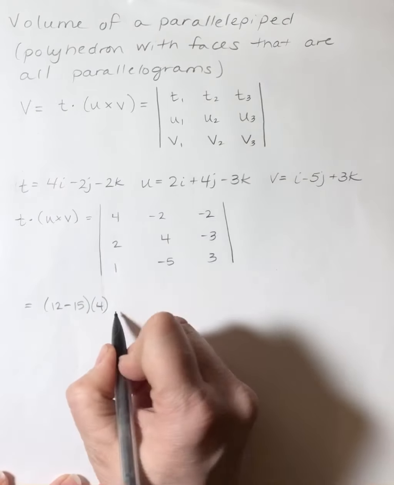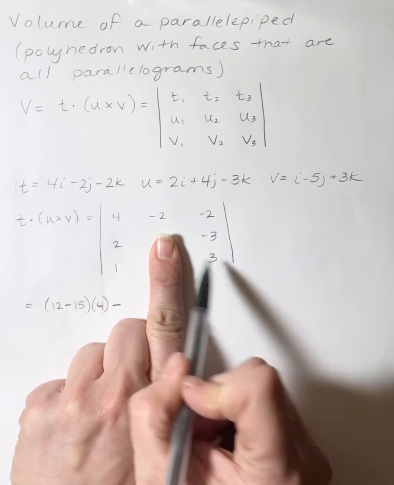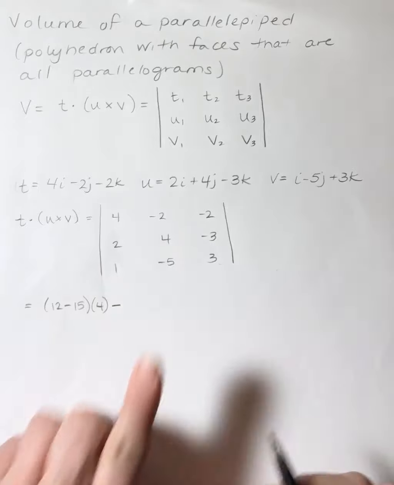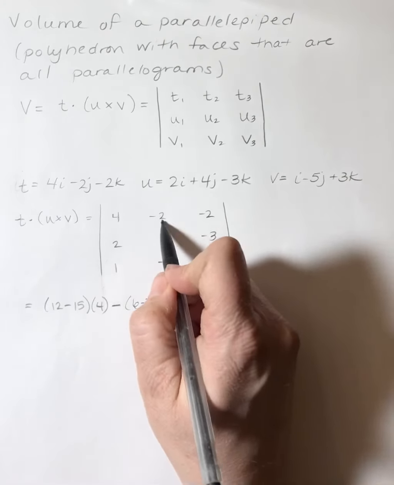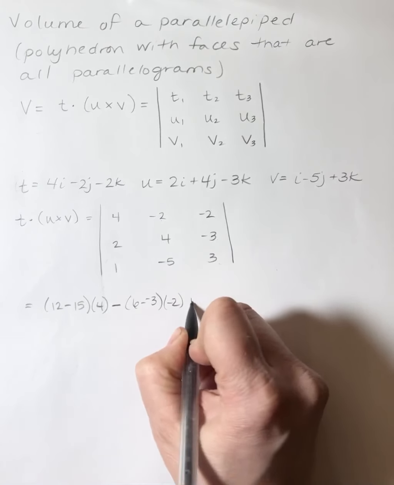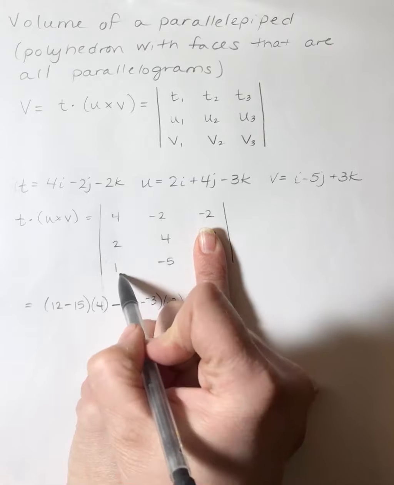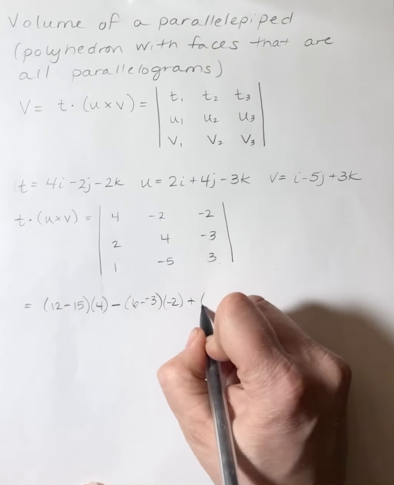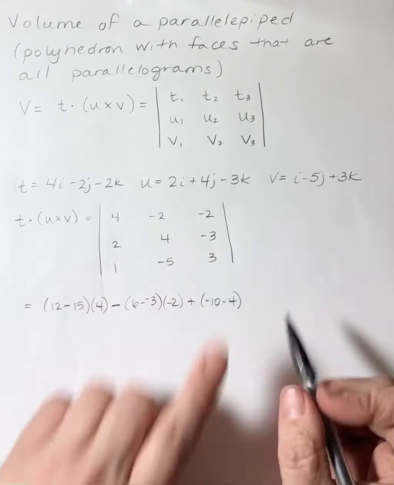Okay. Minus. This one's going to be 6 minus a -3 times a -2. Plus, this is going to be a -10 minus 4 times a -2.